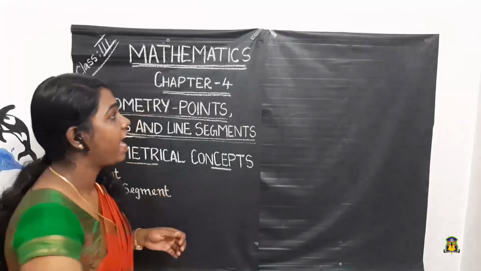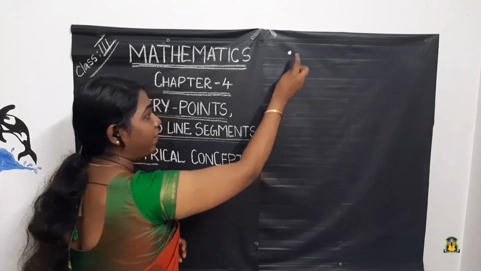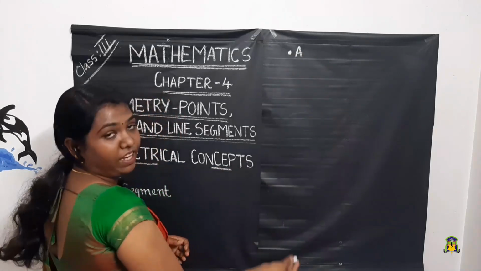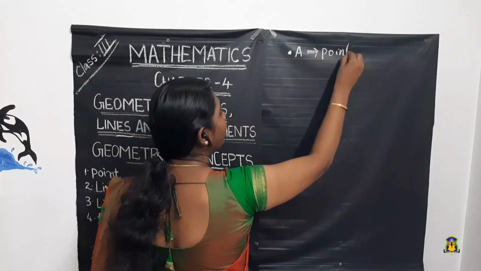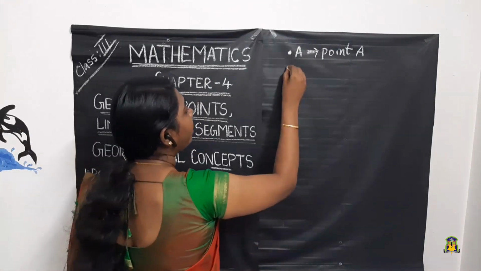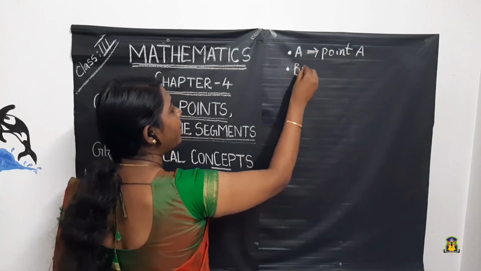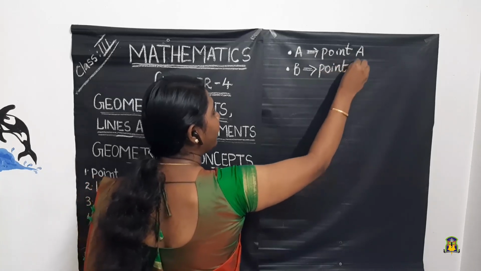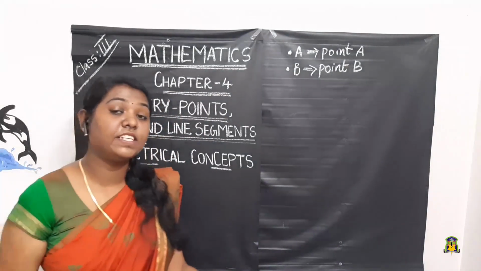Okay, so here I am going to make a dot here. I have made a dot here and I named it as A. So I can call it as point A. Okay, then next again I have also made another dot and I have named it as B. So I can call it as point B. Okay, then we can say full stop is a point.